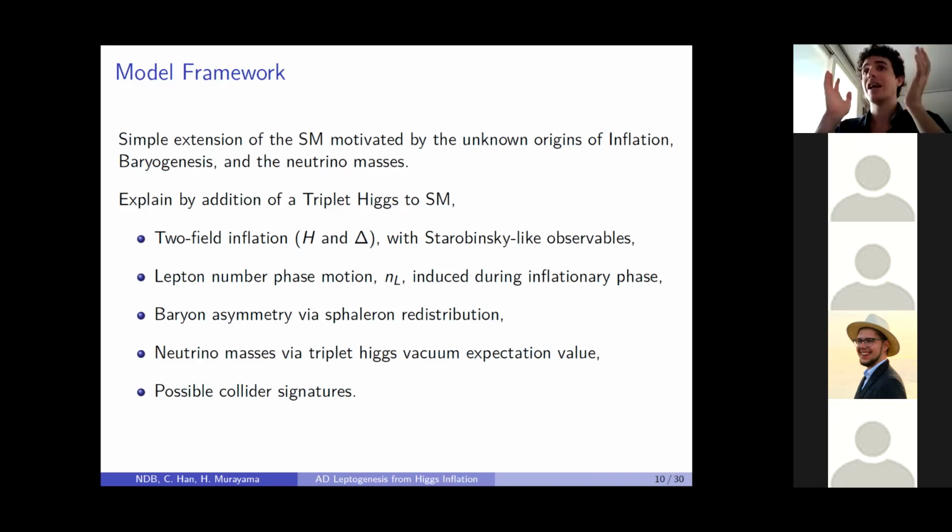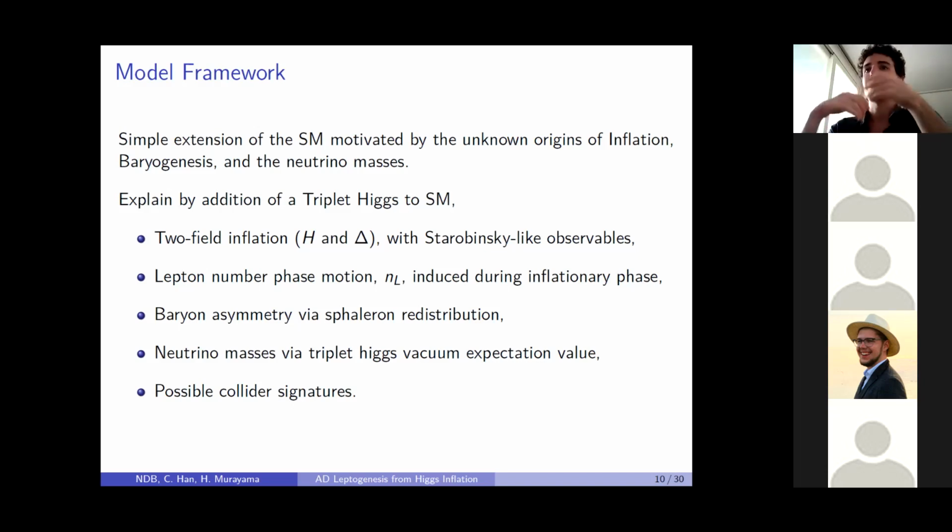Then we have this delta, which has lepton number violating interactions and has some lepton number charge through its Yukawa couplings. We want to see whether that lepton number phase can be given some non-zero value over the course of the inflationary epoch, leading to some net lepton number density being generated.